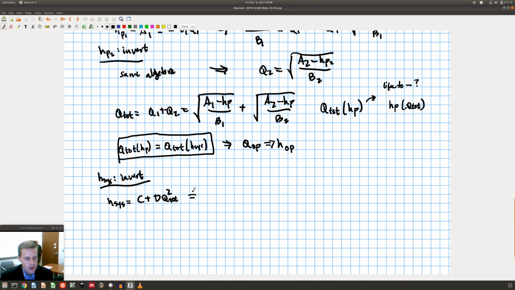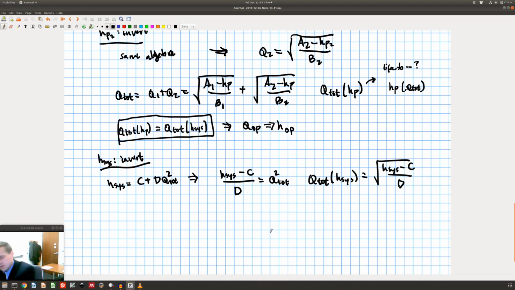All right, and now I just need to invert and solve for Q total. So I'm going to have (H system minus C) divided by D is equal to Q total squared. And so Q total as a function of H system is equal to the positive square root of (H sys minus C) divided by D.